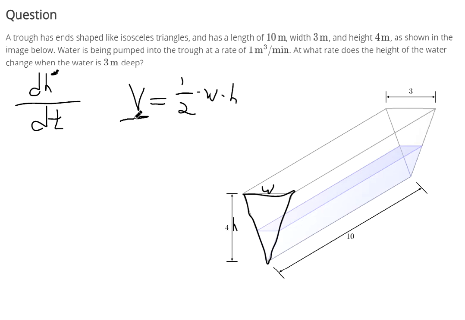To make it a volume, to make it like a three-dimensional area, you need to multiply by whatever the length is. But the length is always going to be 10 in this one. The width and the height are variables in this problem because depending on how high we are, the width will change, right? Depending on where we are with respect to time, the height keeps changing.